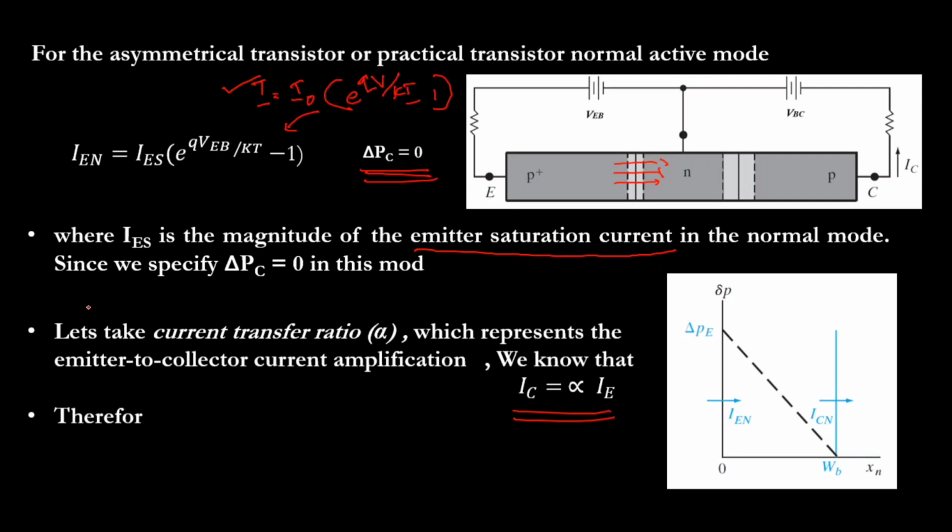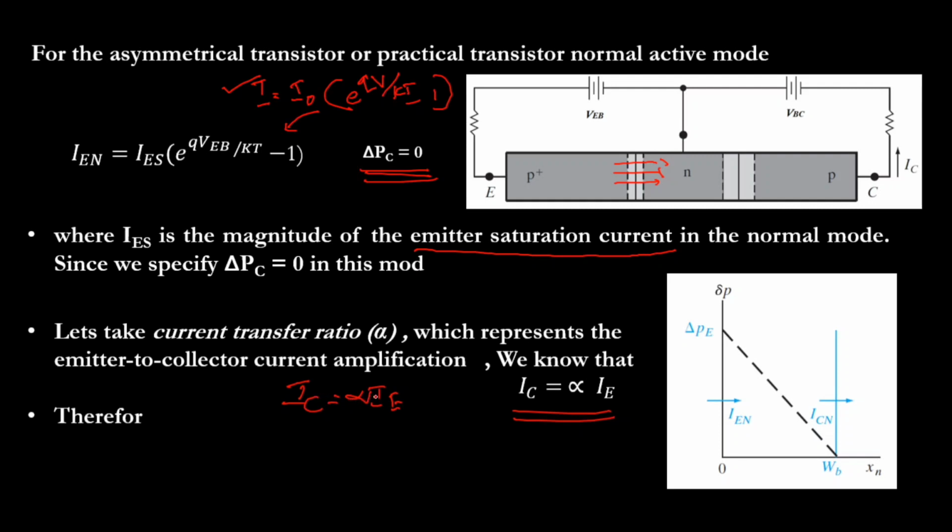So let's take the current transfer ratio alpha, which represents the emitter to collector current amplification. We learned it in previous classes. So using that expression, I can write the expression for IC. IC is equal to alpha IE, and we learned this is actually less than 1. So IC is almost equal to IE. The ideal case is alpha equal to 1, so that we get IC equal to IE.